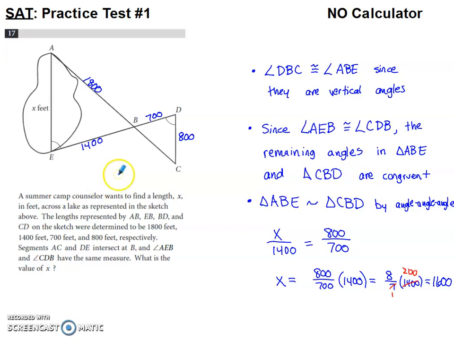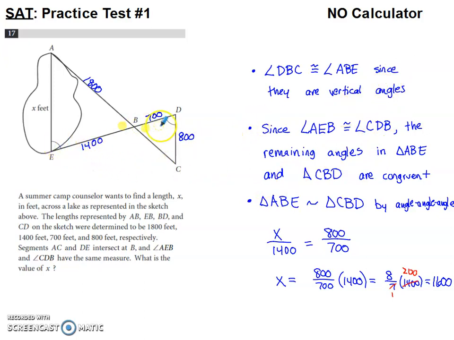So what you need to realize here is that these triangles are actually similar to each other. You know that these angles are the same. They tell us that. If you remember what vertical angles are, whenever you have intersecting lines, the angles on opposite portions of those intersecting lines, so angle ABE and angle DBC, those are going to be congruent since they're vertical angles.